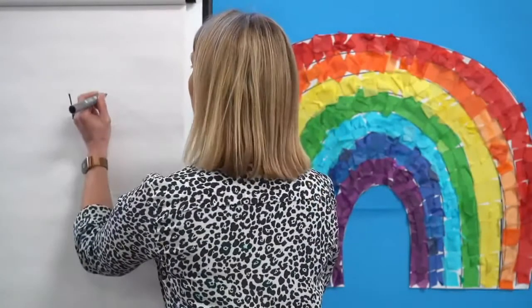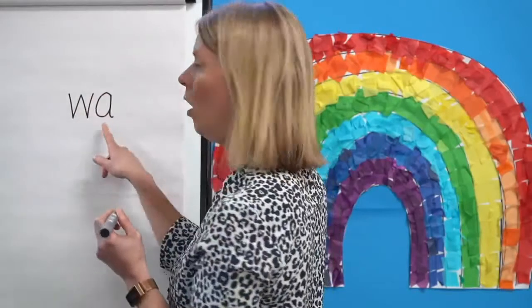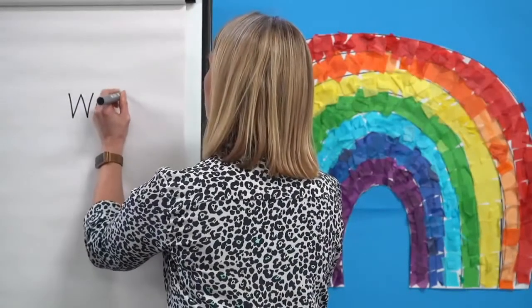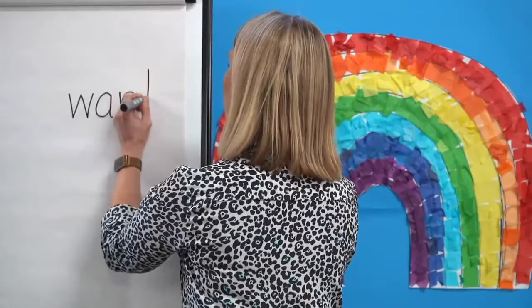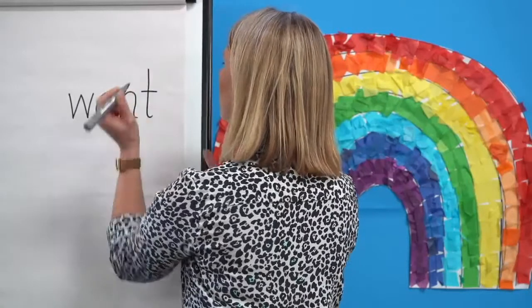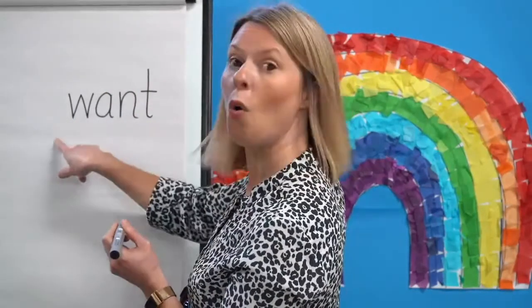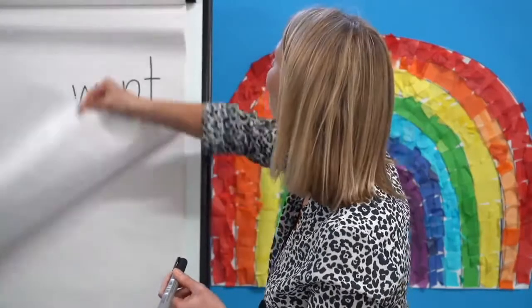Oo. Our new way of writing O. N. T. Oo, O, N, T. Want. I'm going to hide that one.